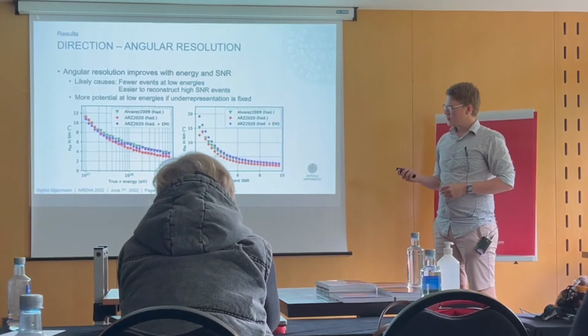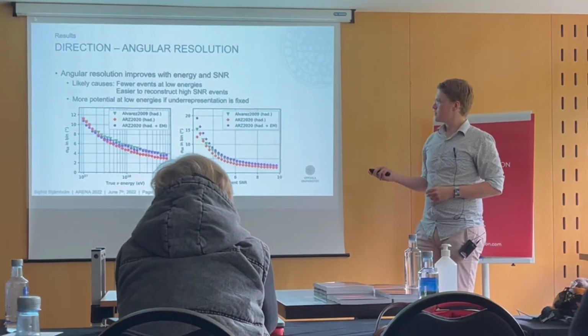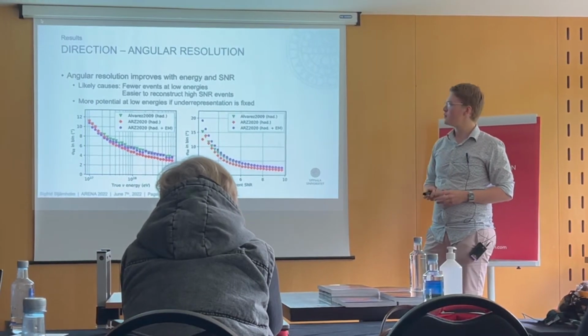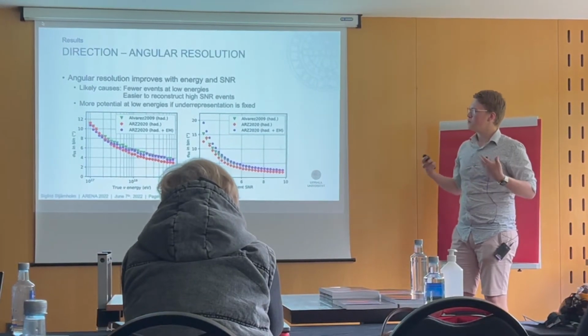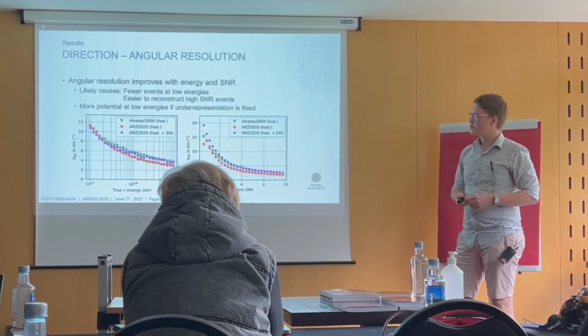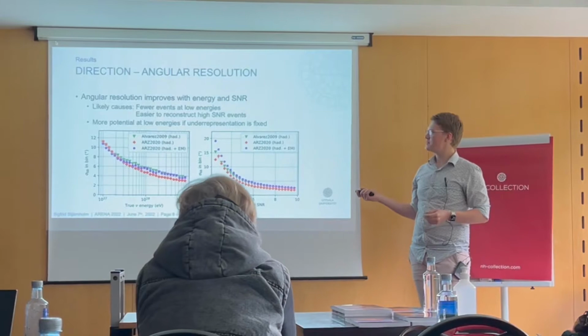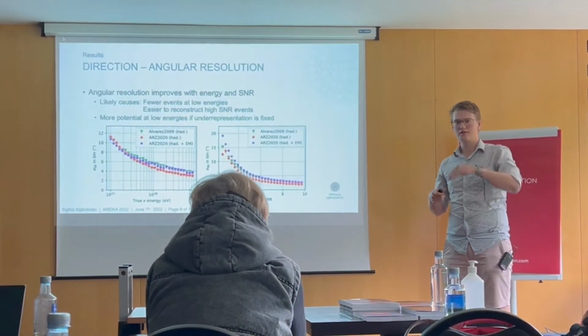You can also look at the angular resolution as a function of true neutrino energy and also event signal to noise ratio. We can see that it improves with both energy and signal to noise ratio. The cause of this is likely that you have fewer events at low energies, as we said in these distributions.